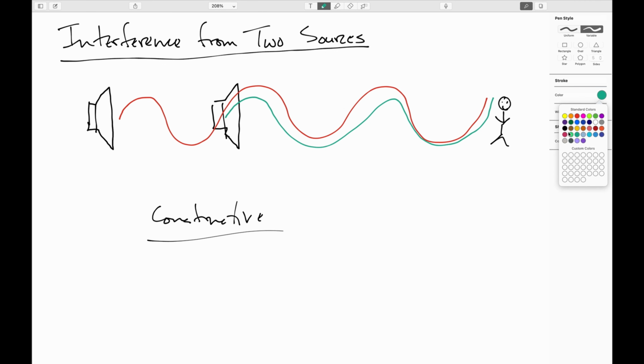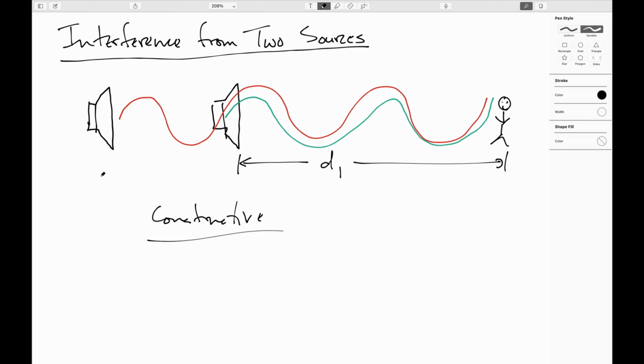So what's going to matter here is the difference in distance between, say, this speaker here, speaker number 1, we'll call this distance D1, and speaker number 2 over here, we'll call this distance D2. For me to have the two waves doing the same thing at the same time, you can see here I had one extra wave front here.